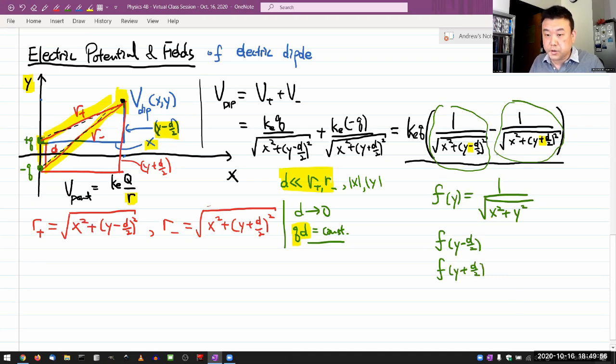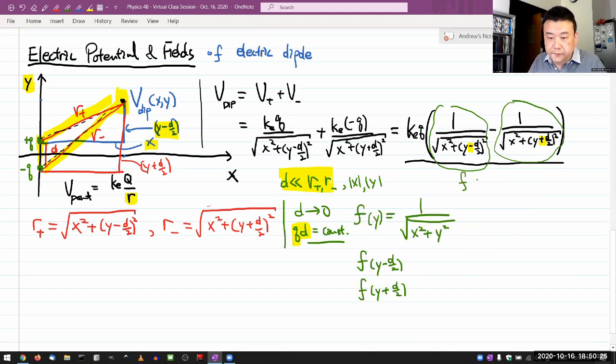So with that description, the difference here looks like f of y minus d over 2 minus f of y plus d over 2. Now, this is the trick I want to use, which is I want to rewrite this expression this way. Let me divide it by d and then multiply by d.